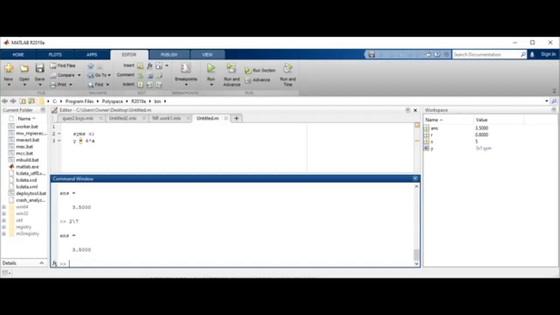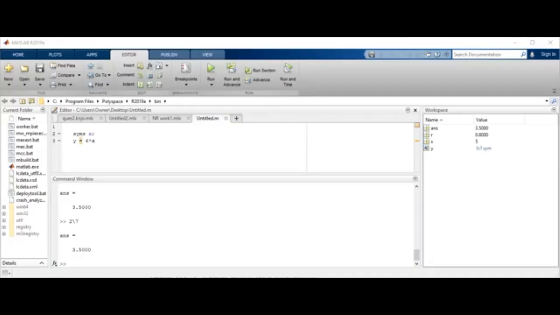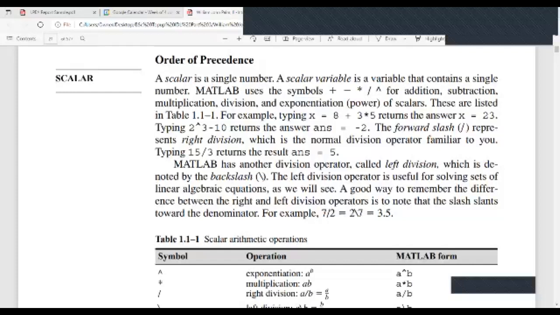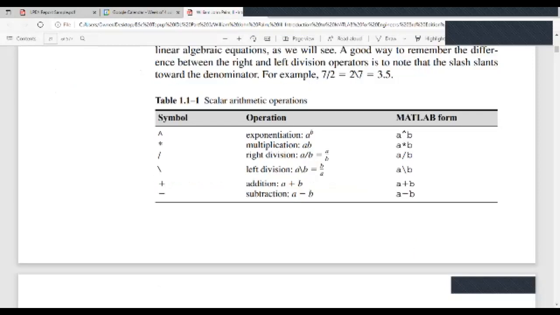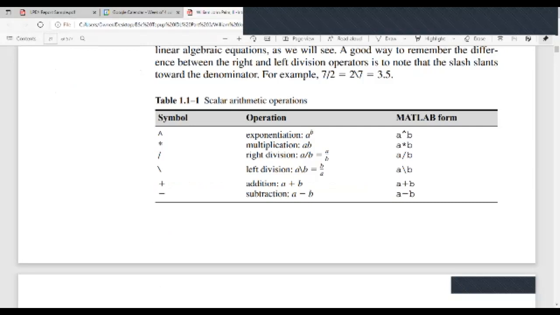So let me unshare and go back to the slides. So we can scroll down and continue. So you're okay with the right division and the left division, right? Okay. So now let me pick this thing.